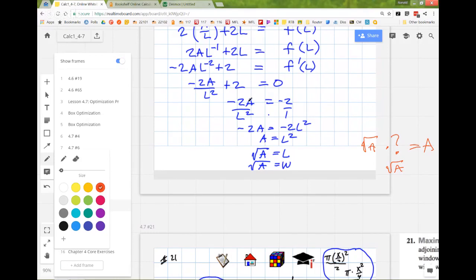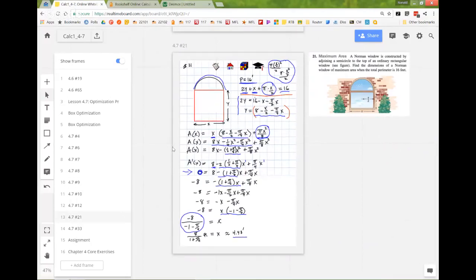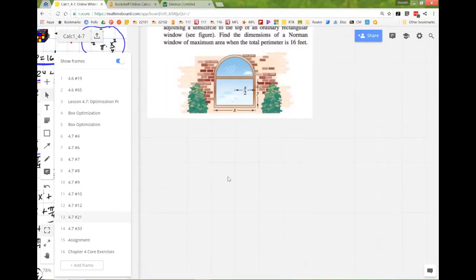Okay, then I have a pretty challenging problem for our last one here. So let's dig in. It's number 21. Yeah, here's the problem in the book.